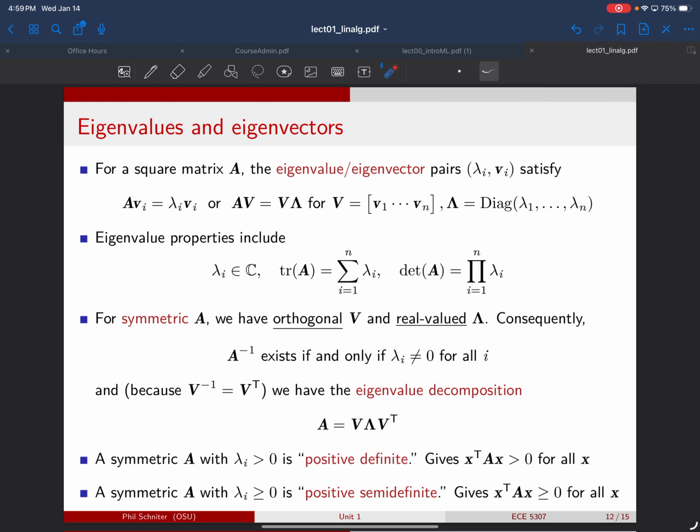Okay, so this is how I like to think about eigenvalues and eigenvectors. When we have matrices, we can think about them different ways. We can think of a matrix as just sort of like a table of numbers, or we can actually think of a matrix as like a black box that acts on a vector.